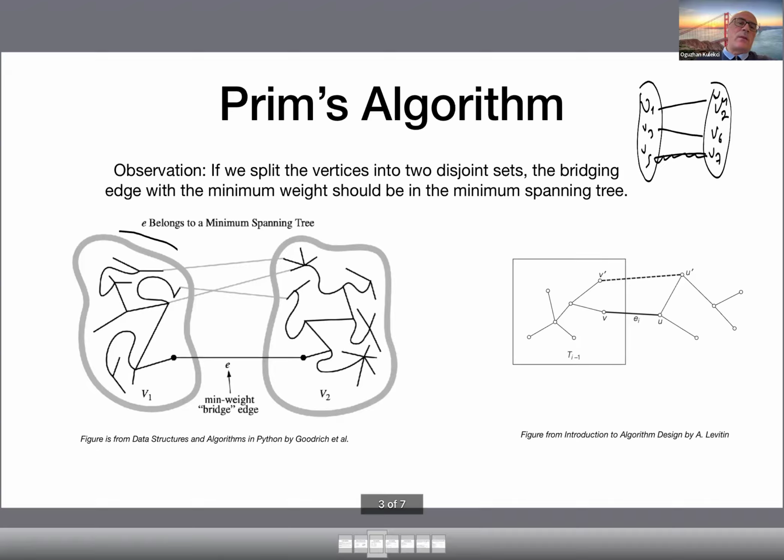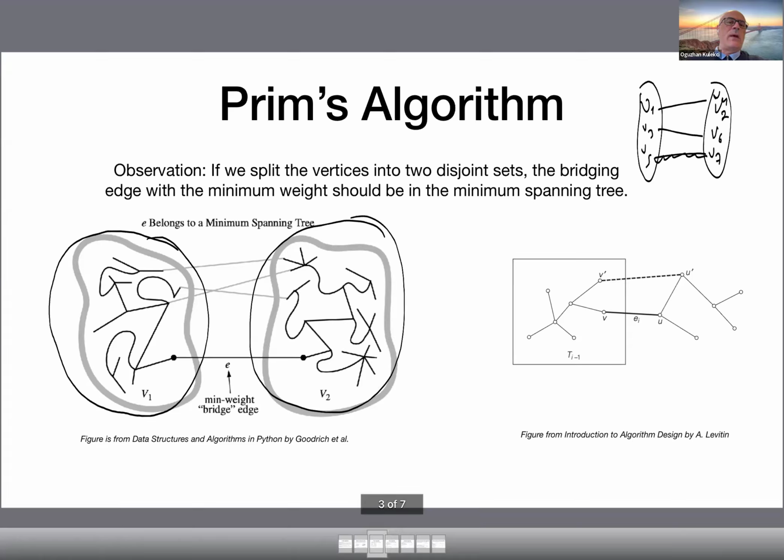You have some number of vertices here in set 1, and you have some others in set 2. And there are edges connecting vertices in set 1 with the vertices in set 2. Among these bridging edges, the minimum weight, the minimum cost edge should be in the minimum spanning tree.